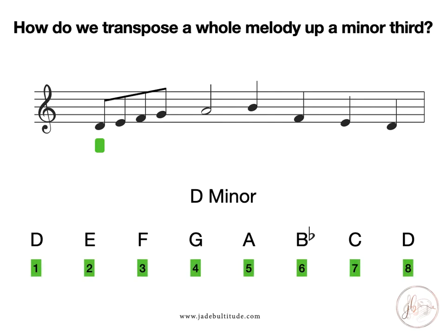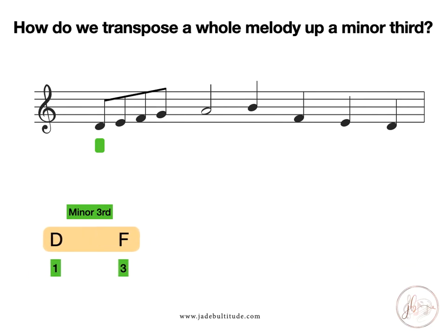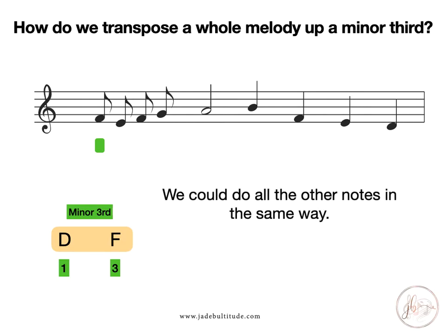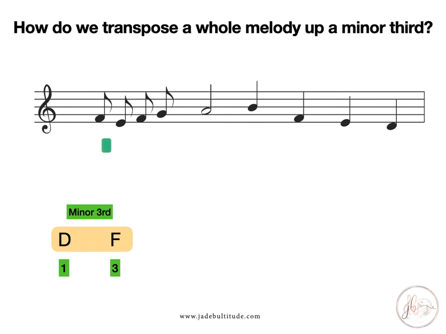As you can see, F is the third note, so D to F is a minor third. Let's move that D natural up to an F. Now we can do the same thing with all of the other notes.